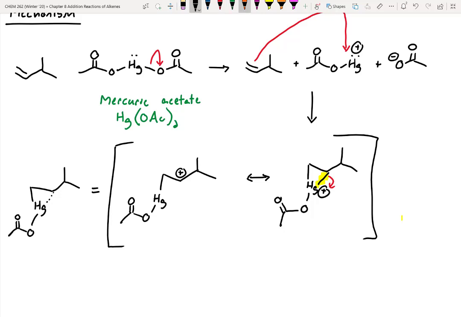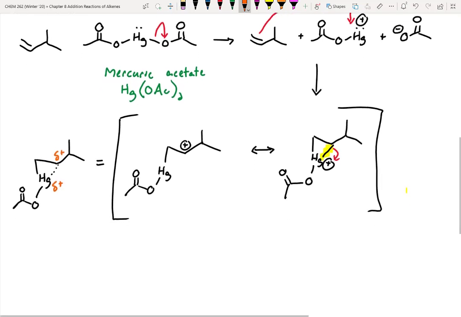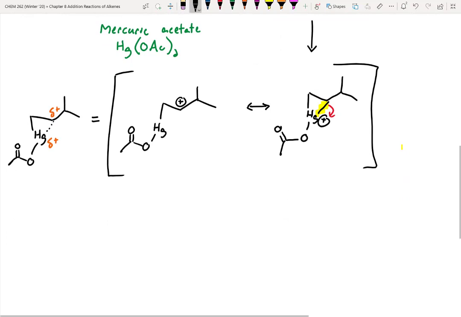It looks like this, where we've got a partial positive being shared by the mercury and the adjacent carbon, excuse me. Does that make sense? So it looks a lot like the bromonium ion that we were previously working with. All right, in the next step, what we can do is we can react this with water.